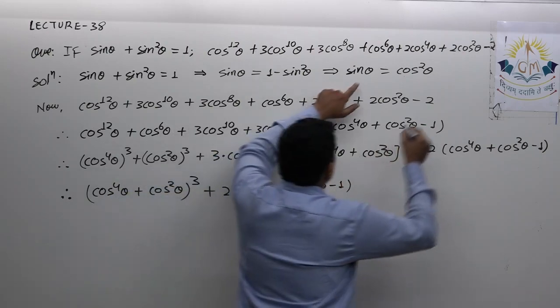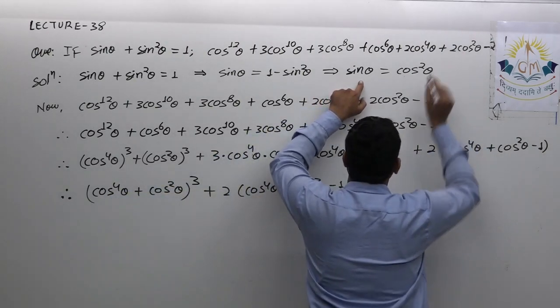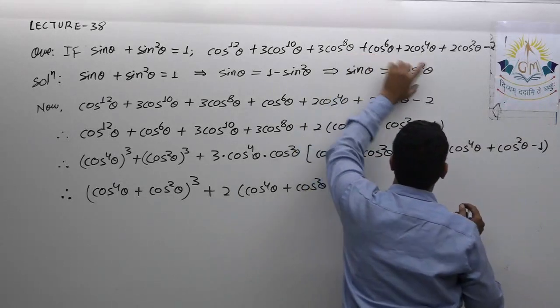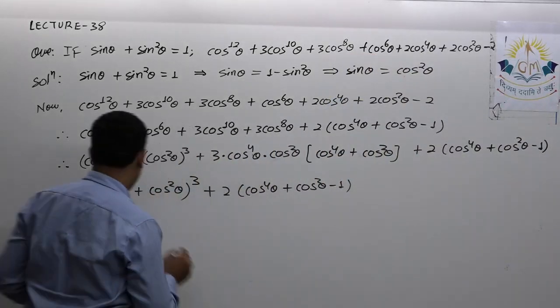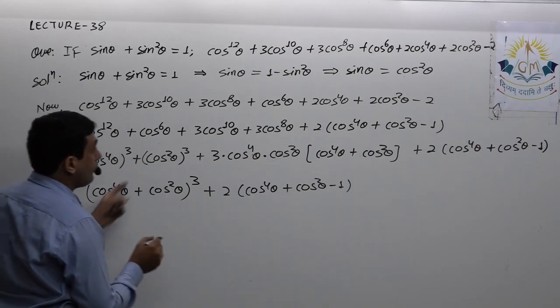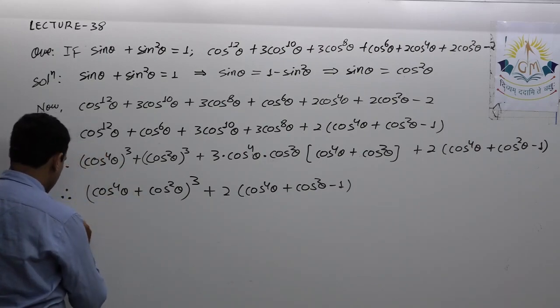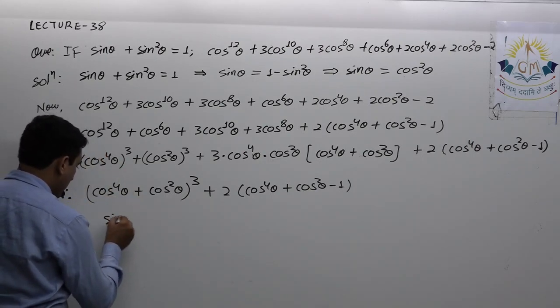Here I have sin θ equal to cos² θ, that means sin² θ is equal to cos^4 θ. So wherever I have cos^4 θ, I can write sin² θ.